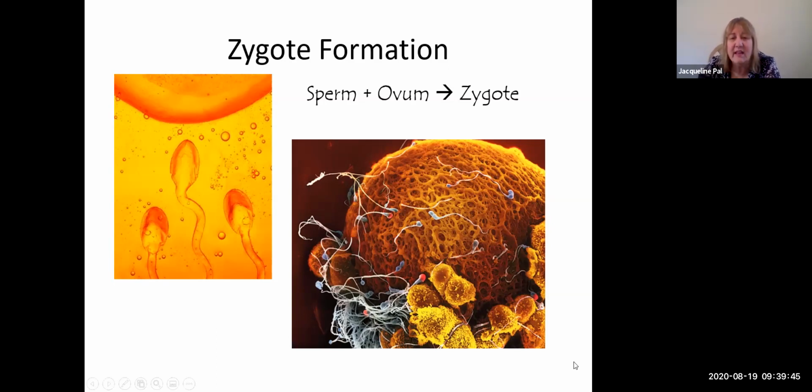I really love this scanning electron micrograph picture because it shows the sperm and how long the tails are in relationship to the nucleus. But then it shows the ovum, the oocyte that was ovulated with some of the surrounding granulosa cells of the corona radiata.